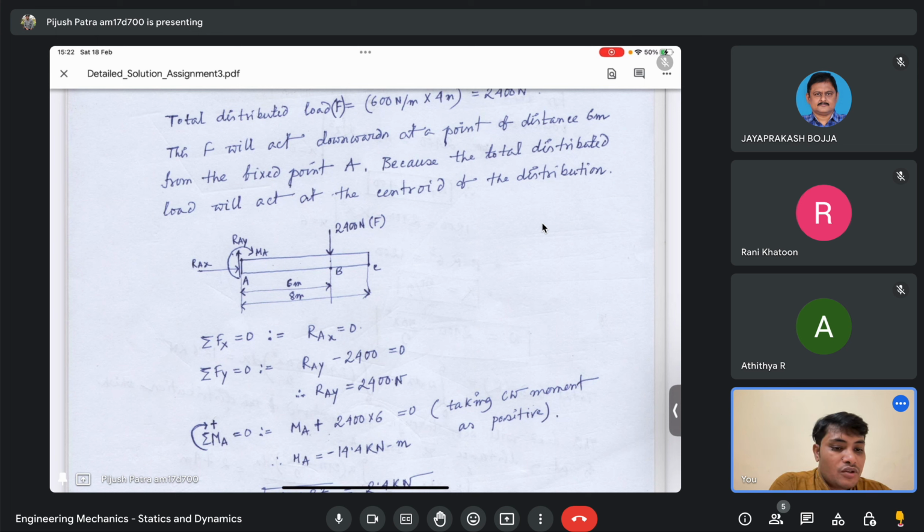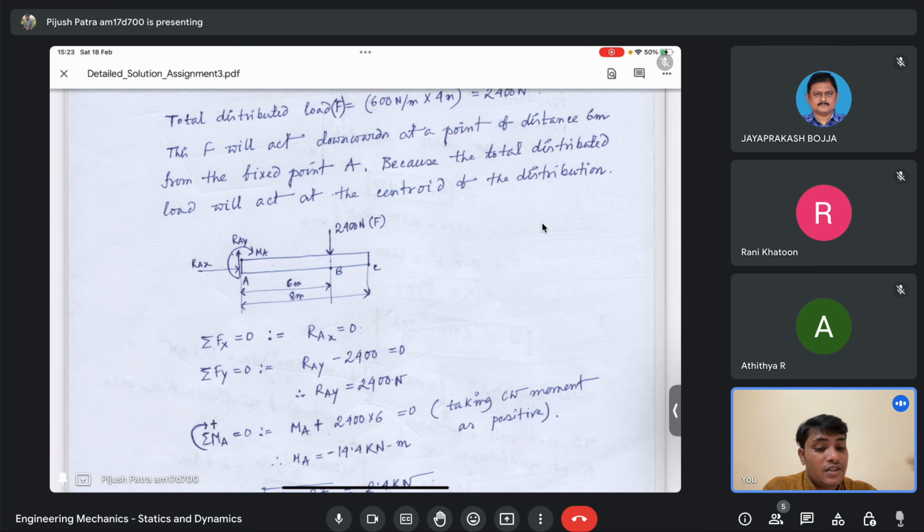Okay, so if this is the case, that means by applying the simple conditions of equilibrium, the forces are in equilibrium. For that, summation Fx equals to 0, summation Fy is equals to 0, and there is no net moment.